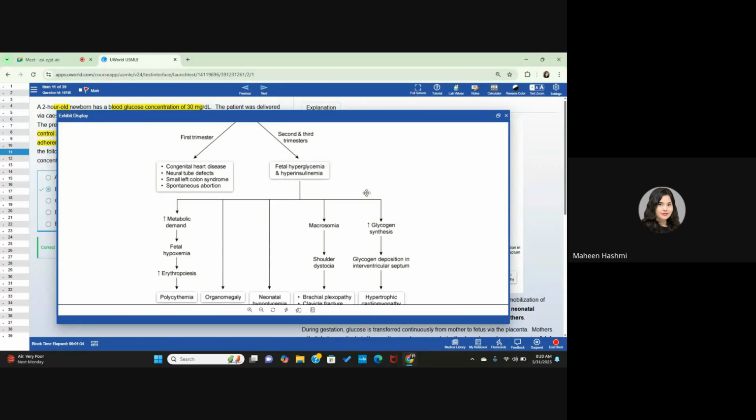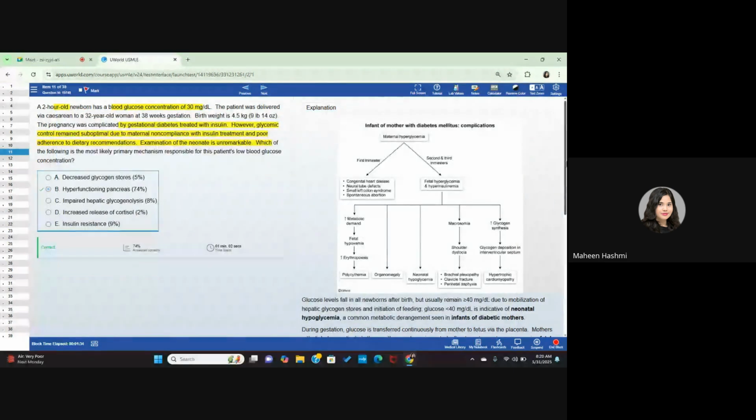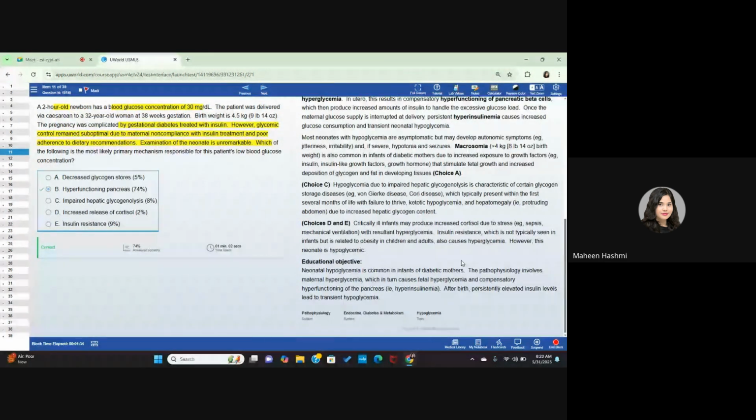So fetus will have hyperglycemia, neonate will have hypoglycemia. And if you go down and see why it is happening, fetal hyperglycemia can cause compensatory hyperfunctioning of the pancreas because of insulin. After birth, persistently elevated insulin levels lead to transient hypoglycemia.